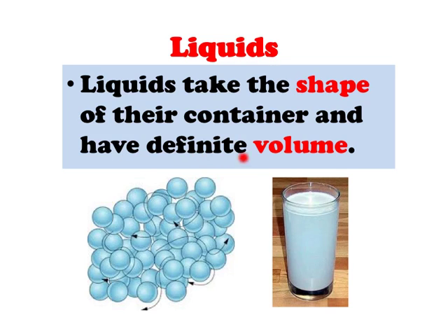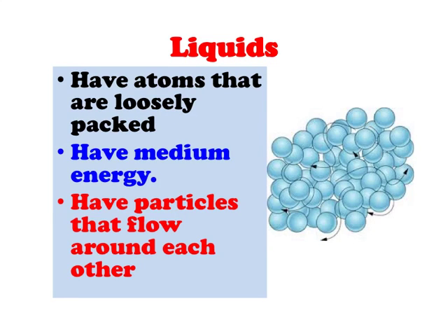So it has a definite volume. Liquids have atoms that are loosely packed, and they have more energy than they did in a solid. And those molecules or atoms are just flowing over each other.